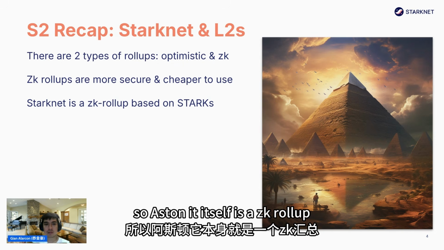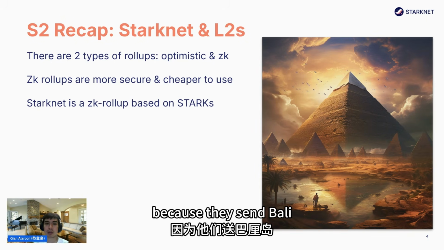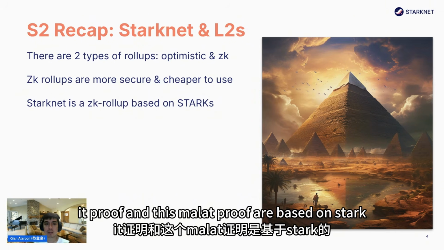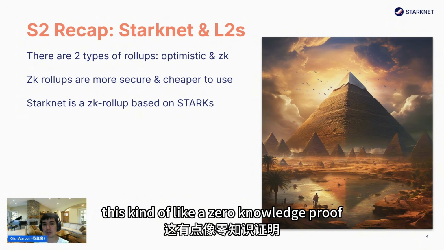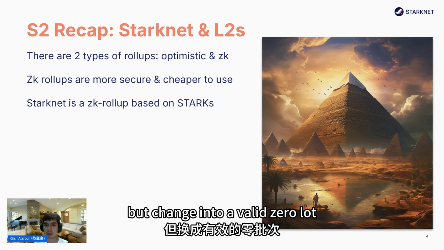Starknet itself is a ZK rollup, but another better definition for this is validity rollup, because they send validity proofs. And these validity proofs are based on STARKs. This is kind of like a zero knowledge proof, but used in a use case that changed into a validity rollup.